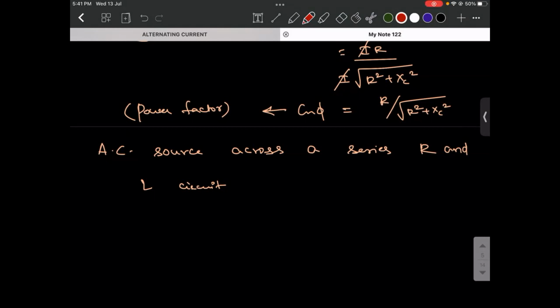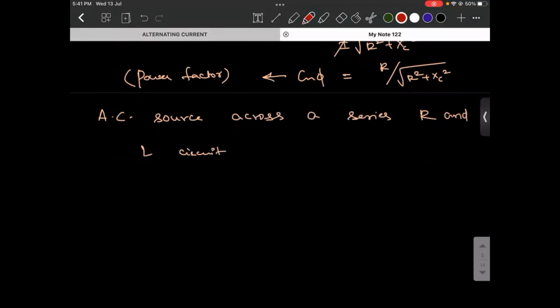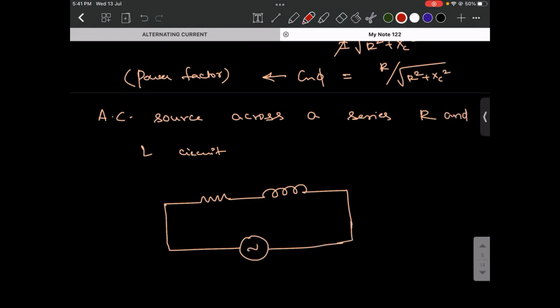AC source connected across a series R and L circuit. So what you have here is a resistor and an inductor connected in series across an AC source. R and L. Is this point clear, guys?